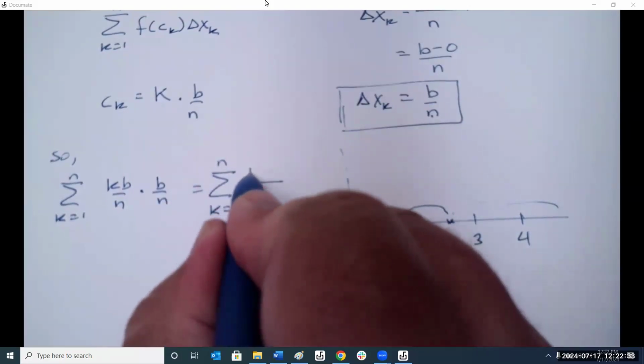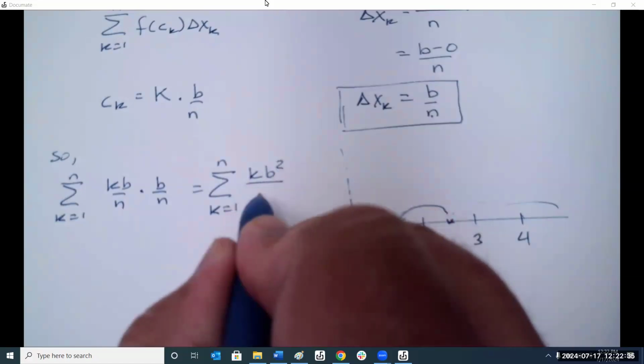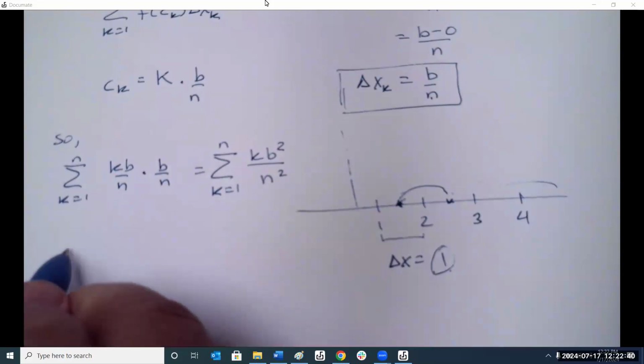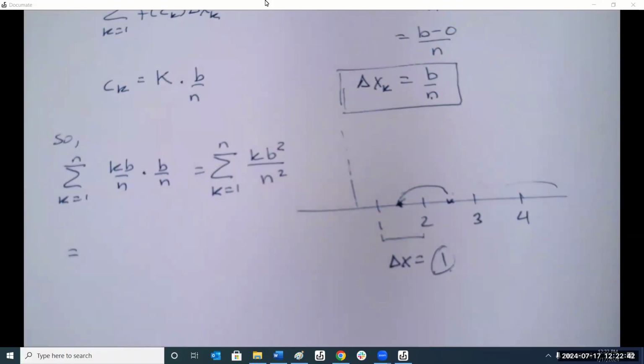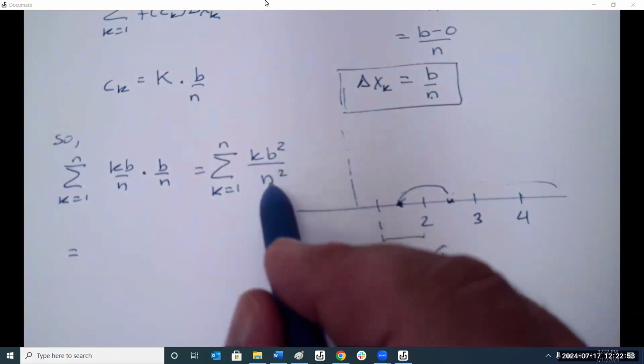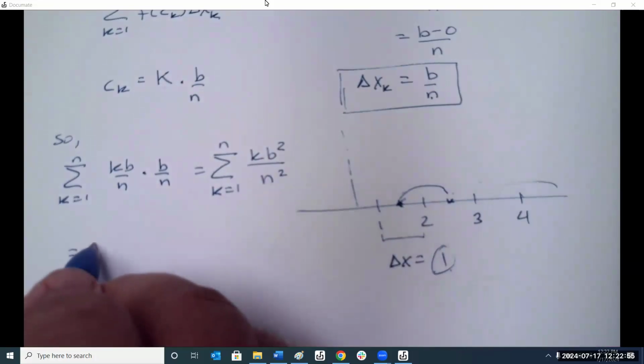This becomes k b squared over n squared. b is a finite, fixed number. n is a fixed number. So those are constants.